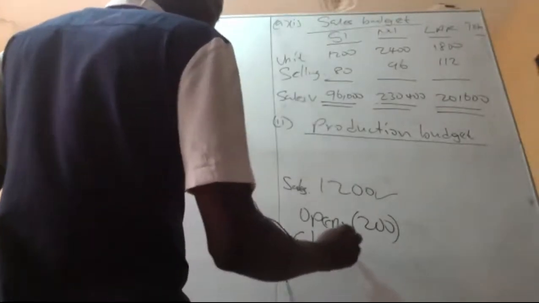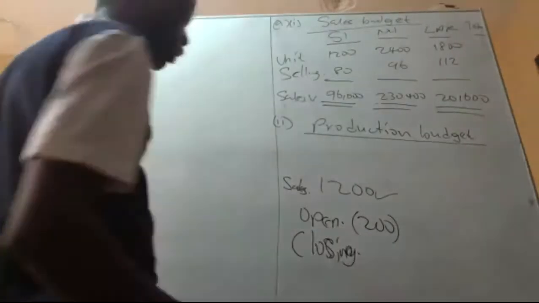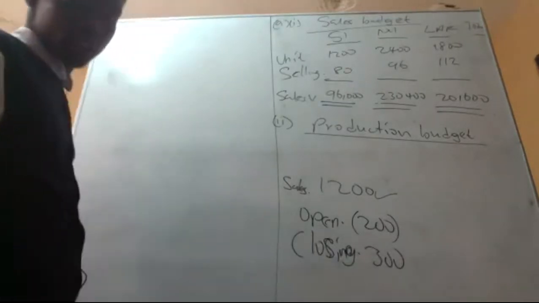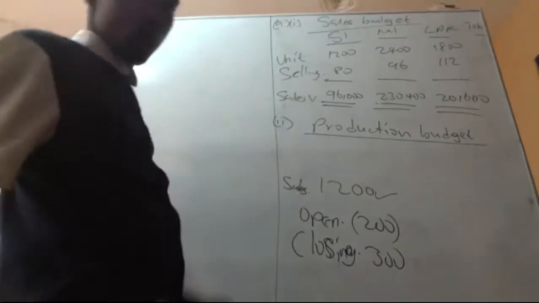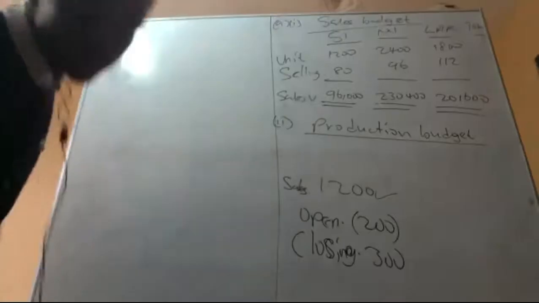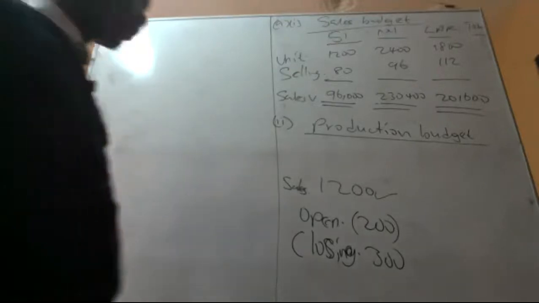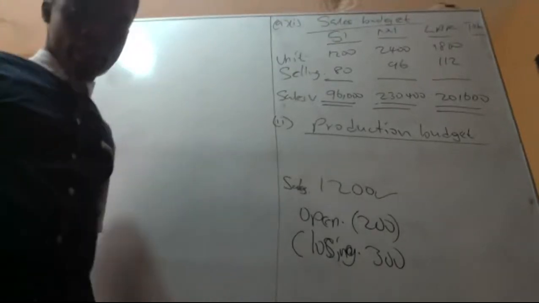Normally some organizations keep closing inventory. So if it's 300, what will be the production units now? 1,300, I like that.